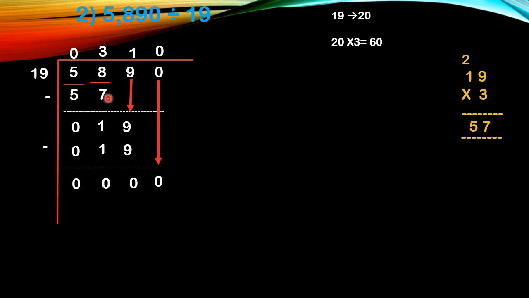So 0 doesn't come in the 19 table, so we have to put 0 in the quotient place also. So the answer is 5890 divided by 19 is equal to 300.